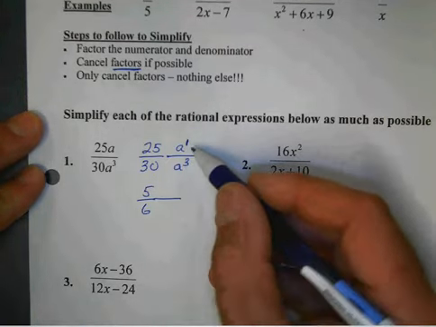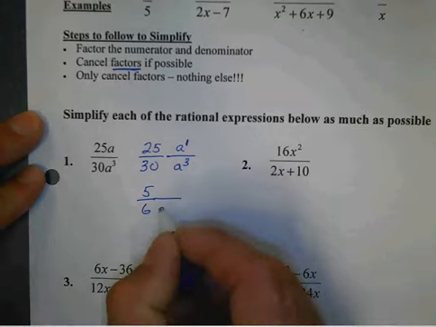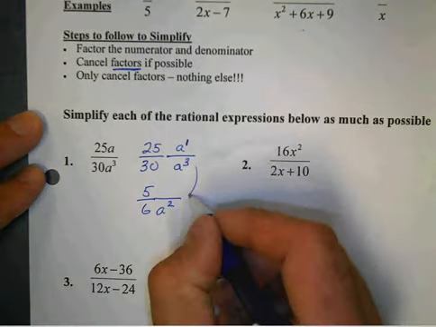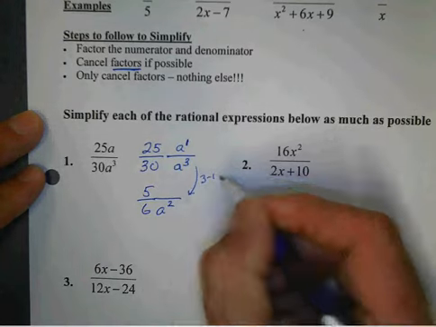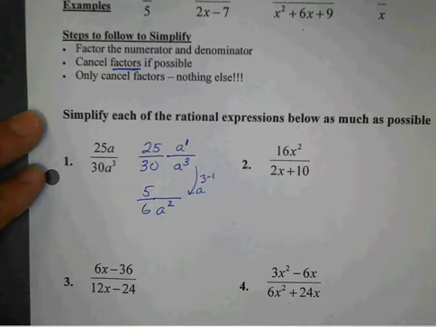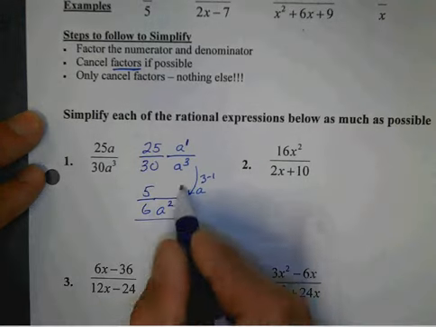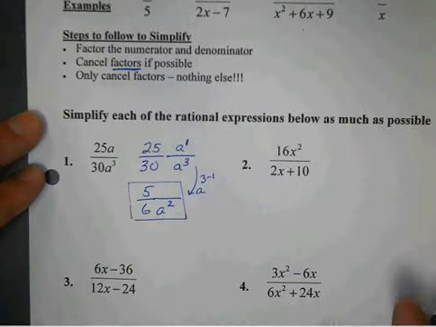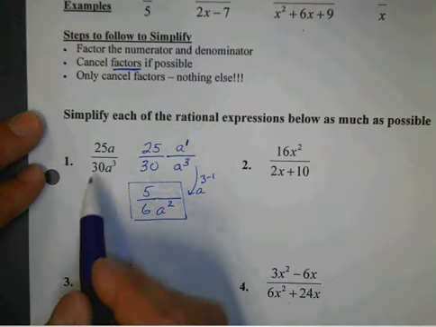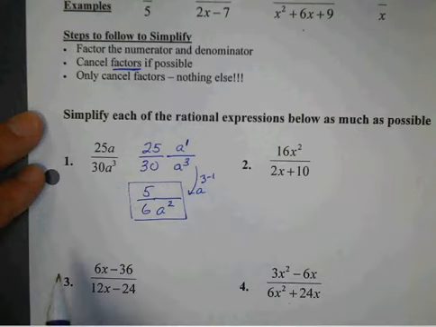And since the bigger one's in the bottom, it will stay in the bottom. So the reason we got that was 3 minus 1 in terms of the powers of a. So that's our answer. 5 over 6a squared. So a little example of what do we do if we have a monomial over a monomial.